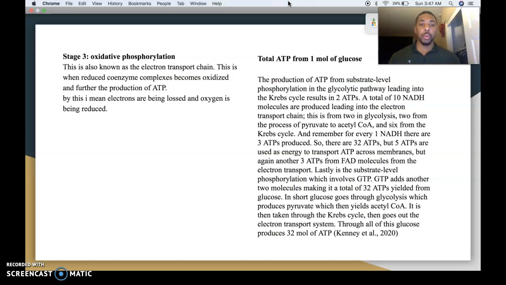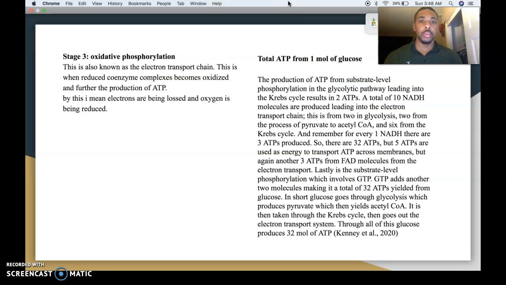And from this, even more hydrogen protons are being released to create energy, and that energy is then turned into ATP. By this, I mean that the compounds go through a proton gradient, which releases the hydrogen protons and some of the energy to produce that ATP.